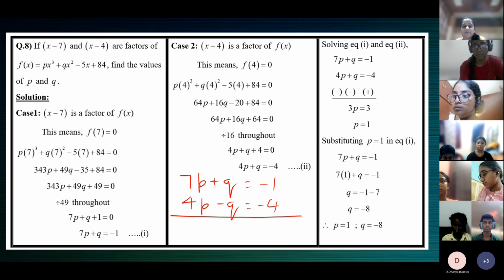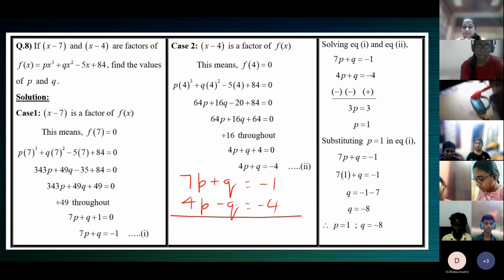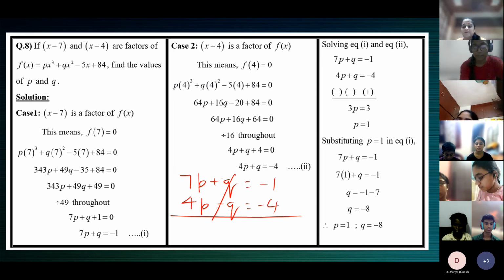Here, what is the value of plus q minus q? 0, ma'am. Then don't change the signs here, because straight away plus q minus q is 0. So q is eliminated. So here, don't change the signs.